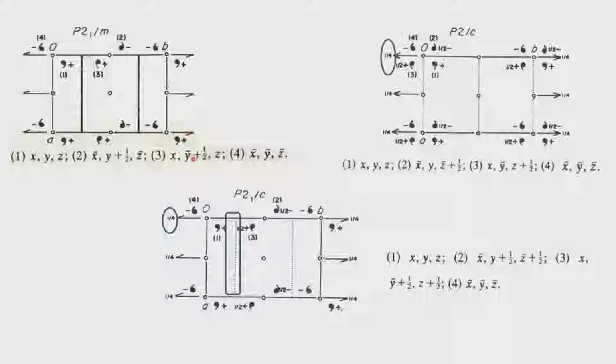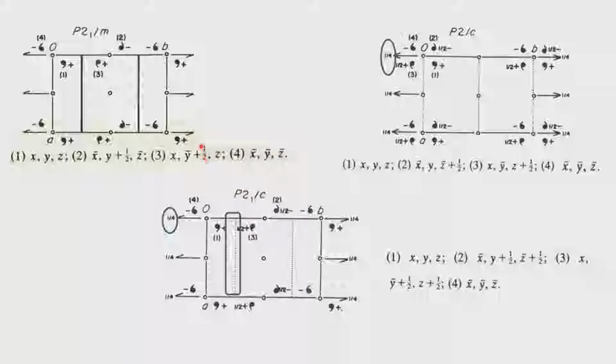Now, the next operation is the mirror operation. The mirror operation is not now associated with y equals 0, but we have to move it by 1/4. So, the mirror operation is moved by 1/4 along the B axis, and because the mirror is 1/4 removed, point 1 now goes to point 3, which is x y z going to x, instead of x y bar z, it adds on a half unit, and therefore, we get x y bar plus half z as the third equivalent point.